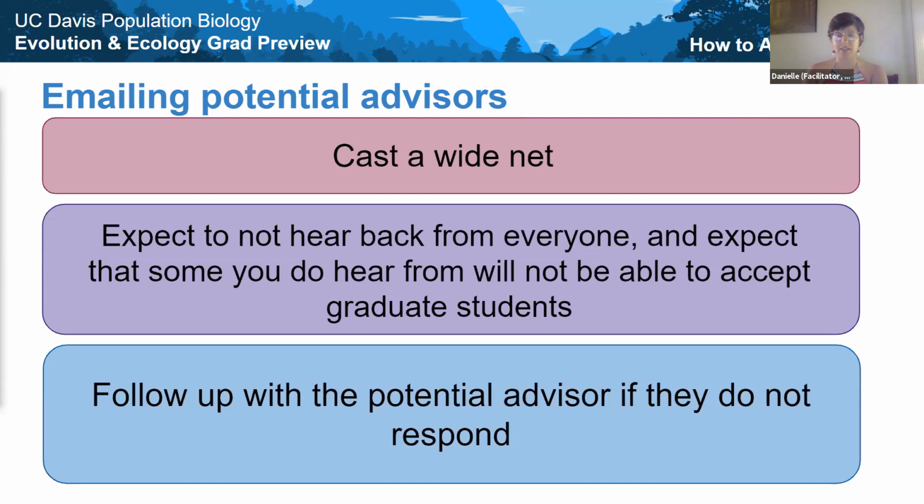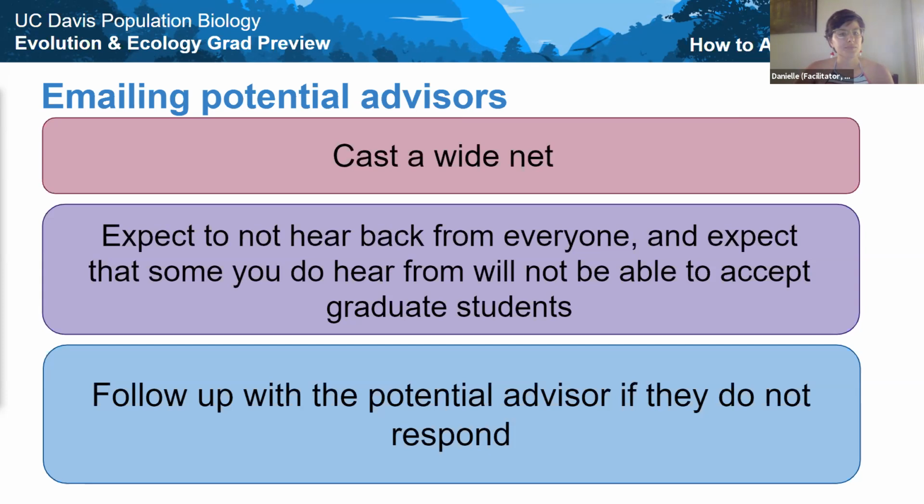Do not expect to hear back from everyone, and expect that some of them aren't taking students, and that's okay. Follow up with the advisors who don't reply, so that you can keep track and maybe bump them. Maybe they just missed it, right?